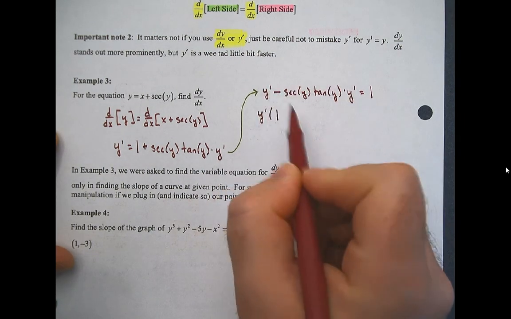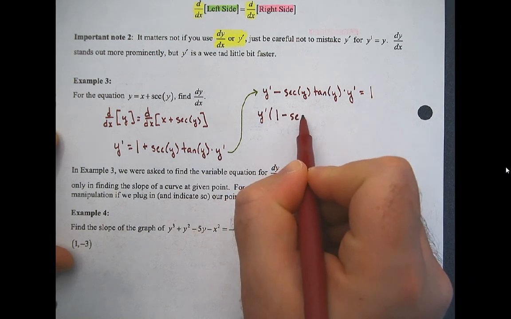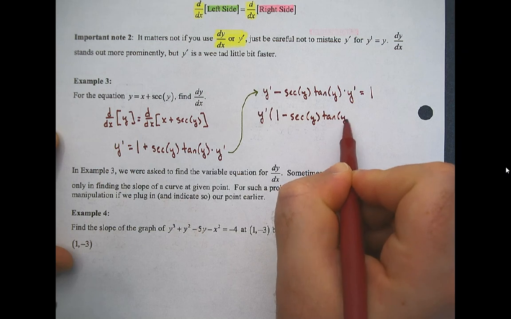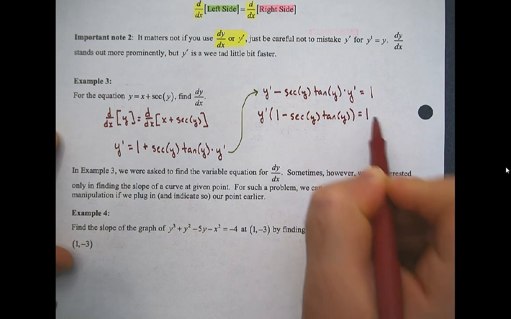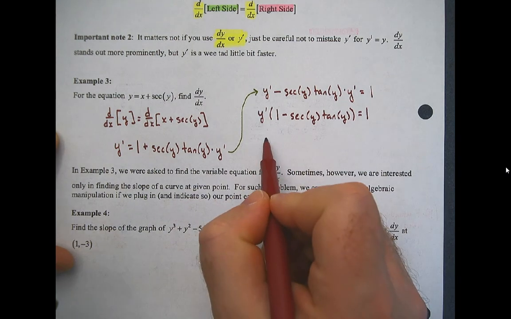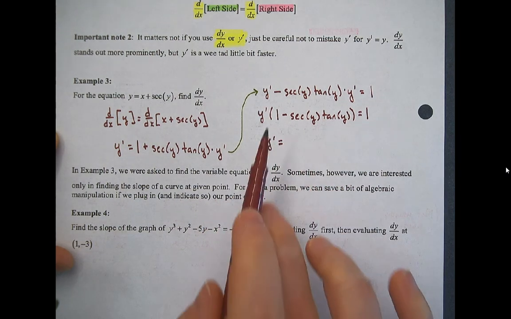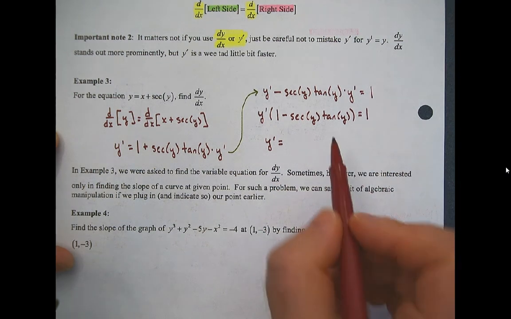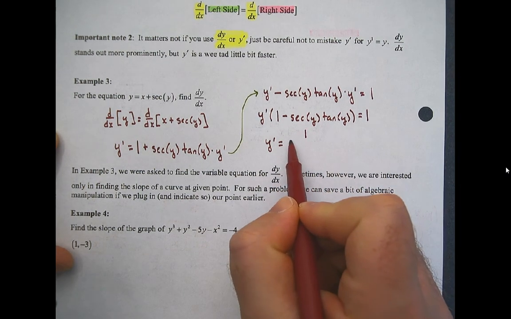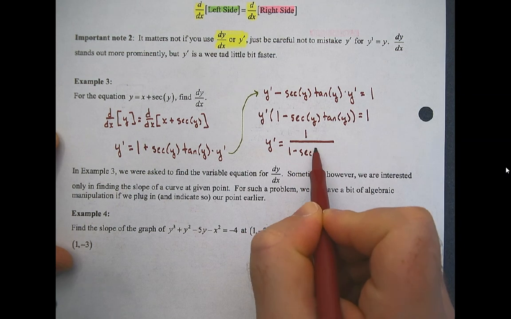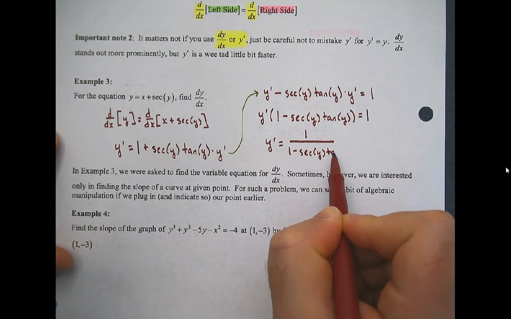And I divide out the y prime, I still have the secant of y and the tangent of y. And now we get y prime by itself. This will always be connected by multiplication, so we can just divide this to the bottom, and we get 1 over 1 minus secant of y tangent of y.